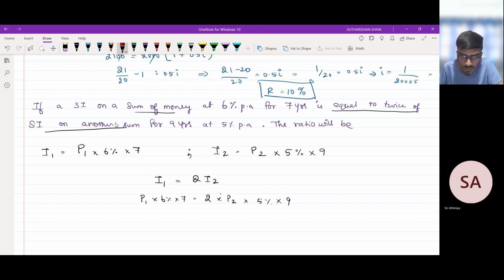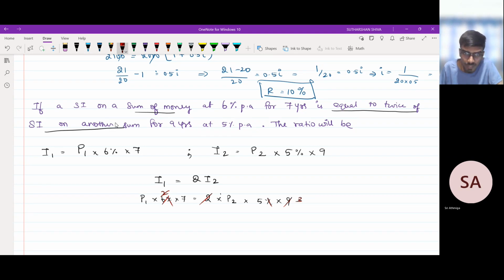Now cancelling it, this will be 3, this will be 2, and this 2 will get cancelled. The percentage will get cancelled.